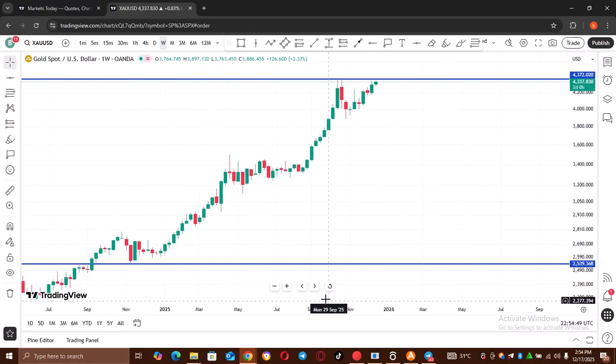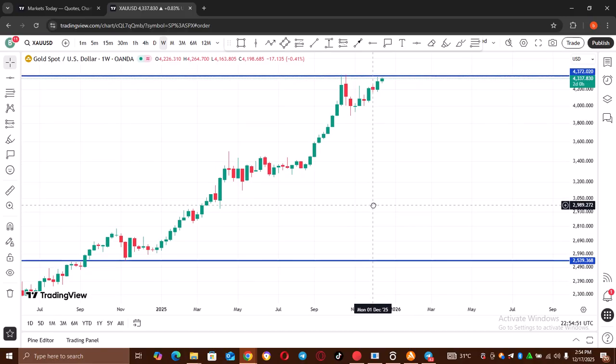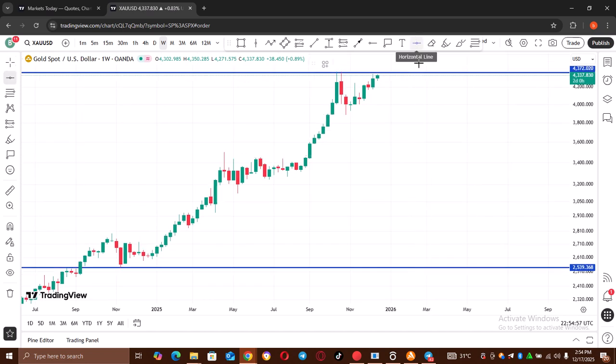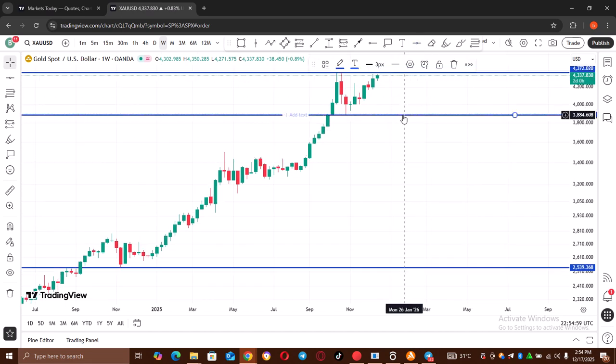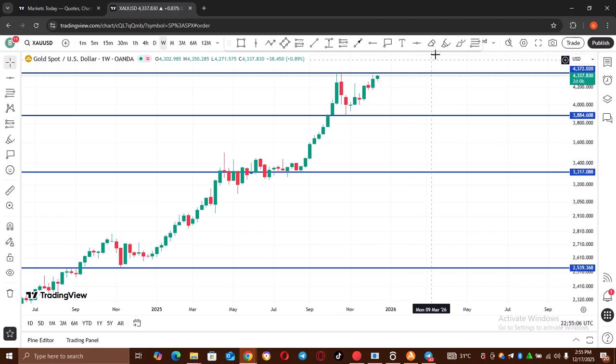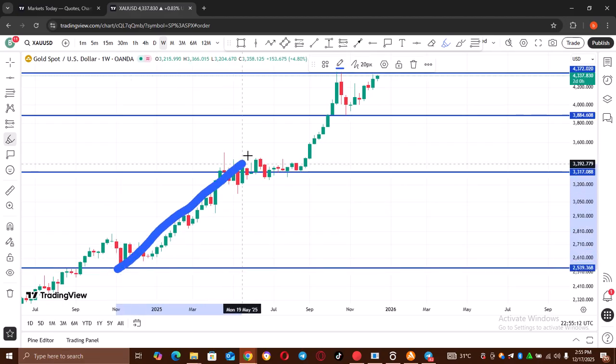So this is the chart of gold on the weekly time frame. Always zoom the chart so you can see what is happening clearly. After zooming the chart, we have a weekly low here, another weekly low here. Beautiful. After marking all the weekly lows, the most important ones, what is the overall structure? Still bullish.